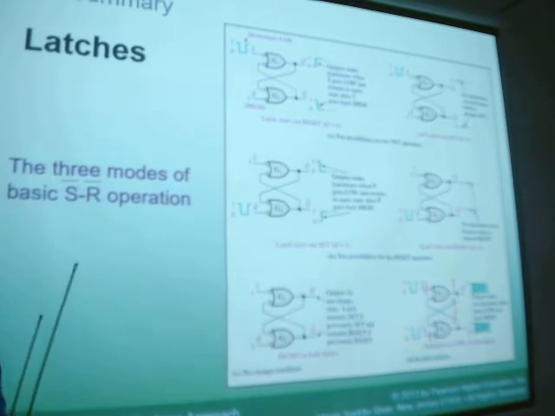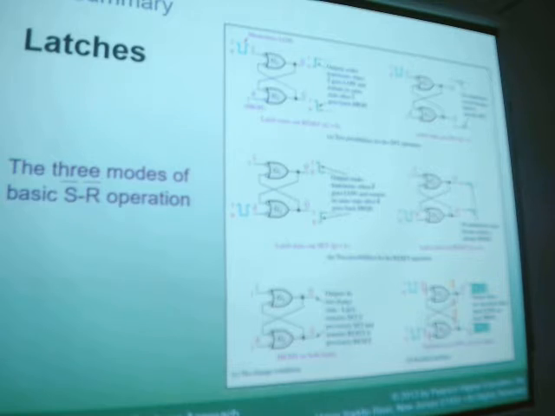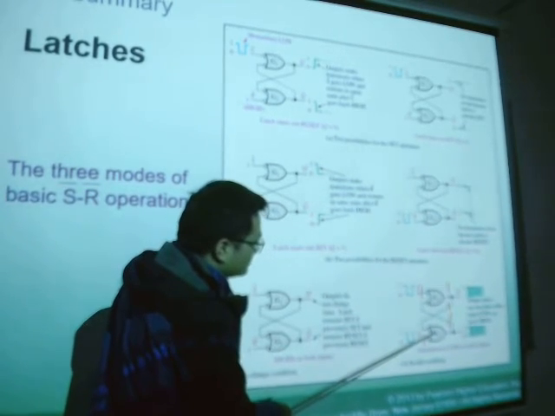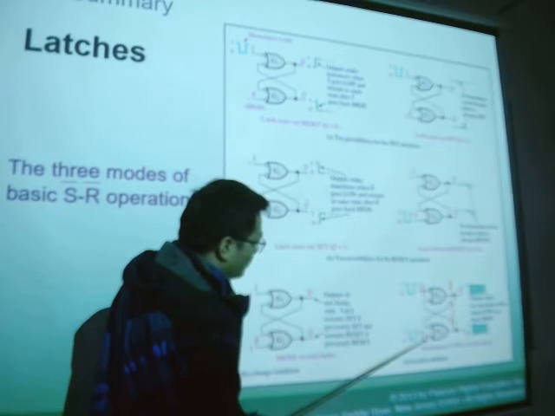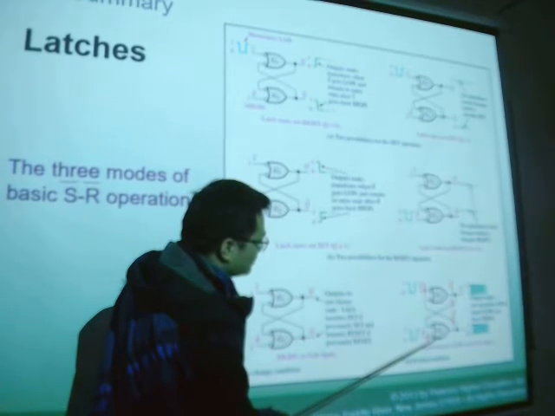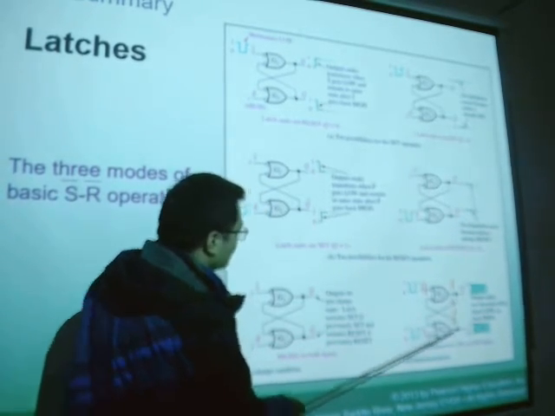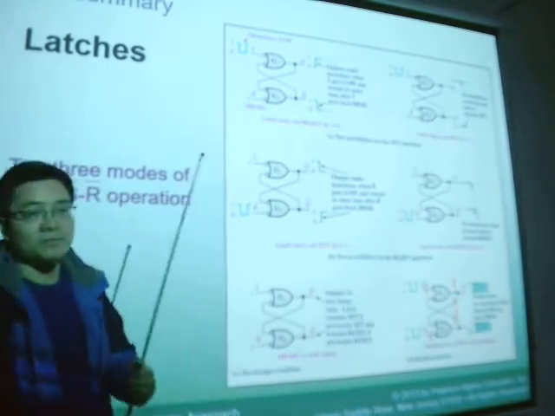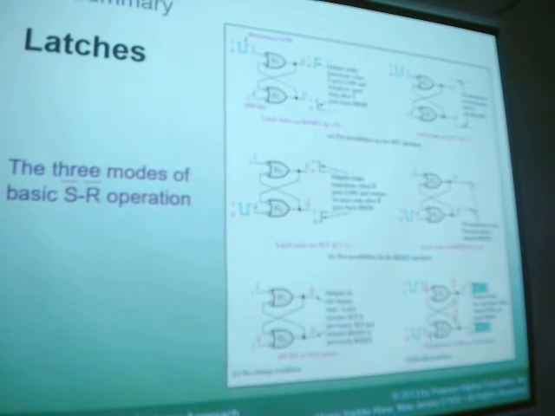So the output may be Q equals 0 and Q bar equals 1, because 1 plus 0 equals 1. So there are two kinds of outputs.